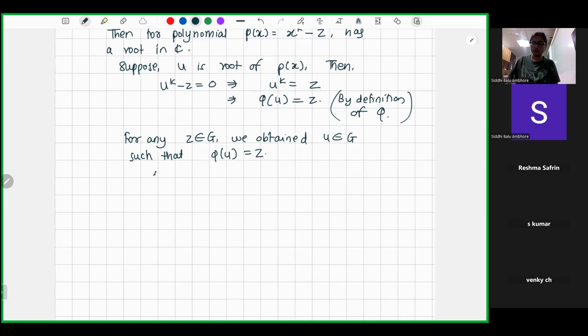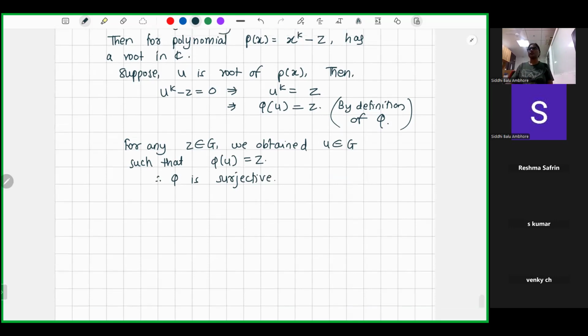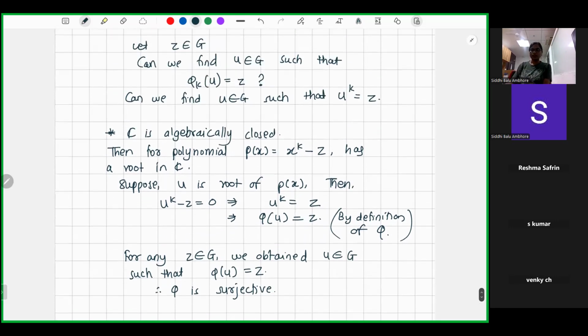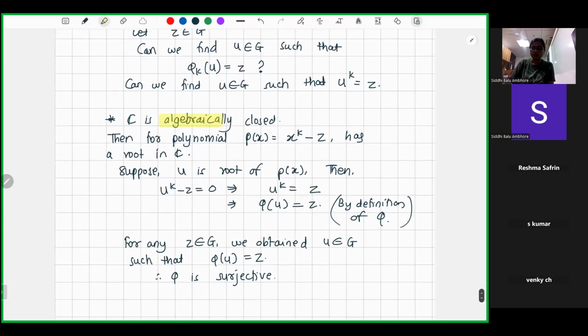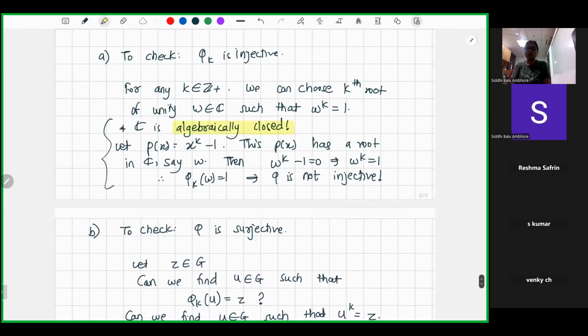So therefore this phi is a surjective map. Is this okay? How did we obtain the surjectivity? In both the cases, C being algebraically closed is used. This need not hold in general.